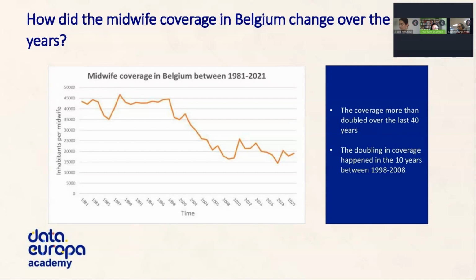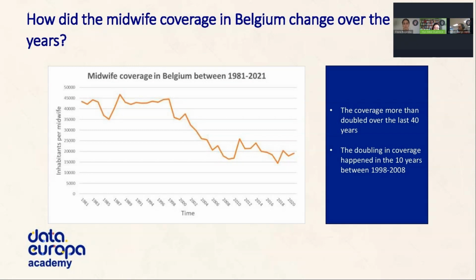So then I was wondering, what happened in that period of time? Was there a policy change? Was there a lot of investment in education? Maybe there was a shortage, and it was covered by promoting migrating midwives from abroad. These are all questions that, if I would do research on this, I would be interested in knowing more about, based on the information I got from this graph.